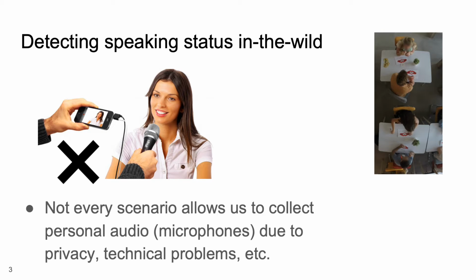And there are also privacy concerns in that people are not readily happy to give away their privacy. It depends on the situation, of course, but most of the time it can be challenging to have people agree to give their voice recordings.